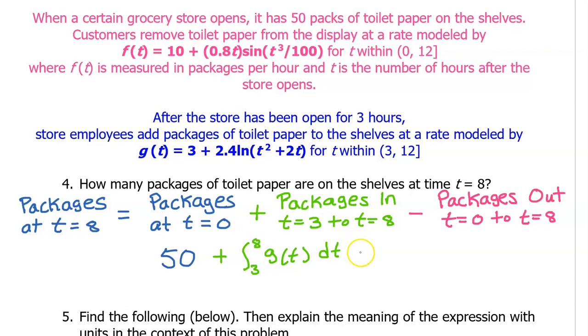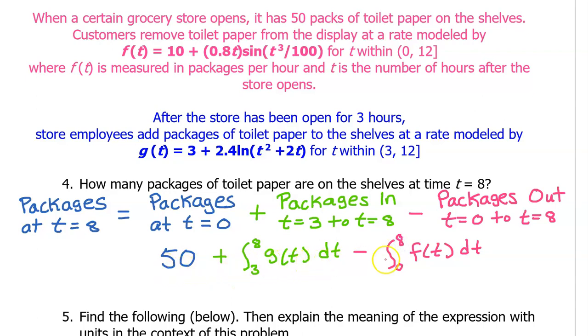And then we must subtract the number of packages out during this time interval. And again, the number of packages will be the integral of the rate of change. So the number of packages out will be the integral of the rate out, which is f at t, from 0 to 8.